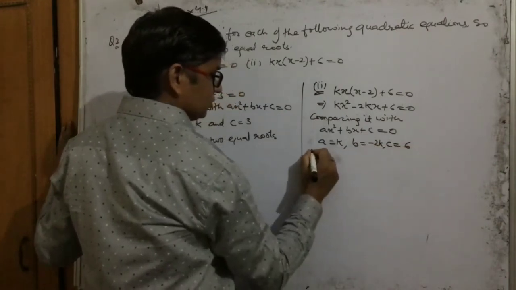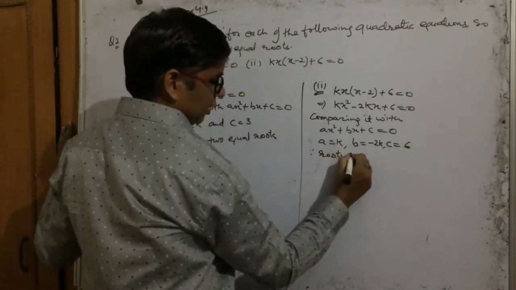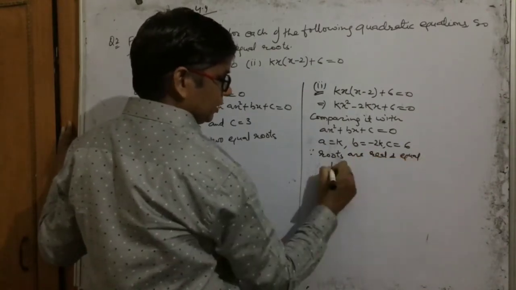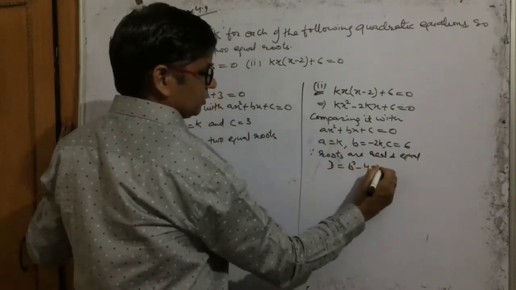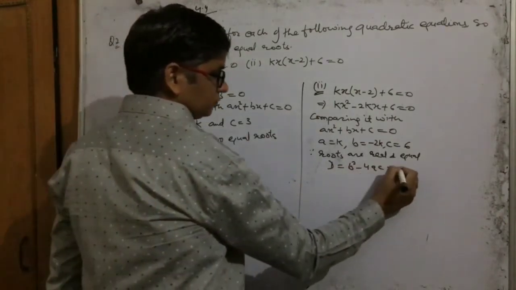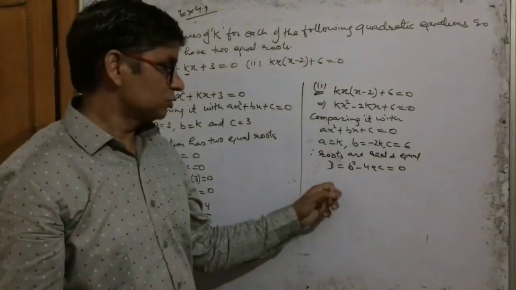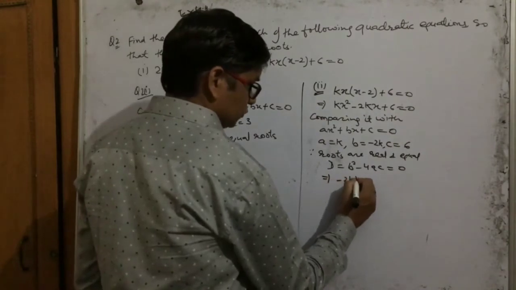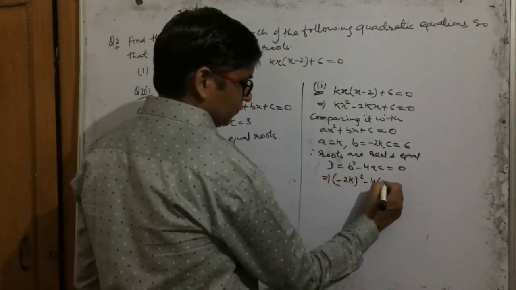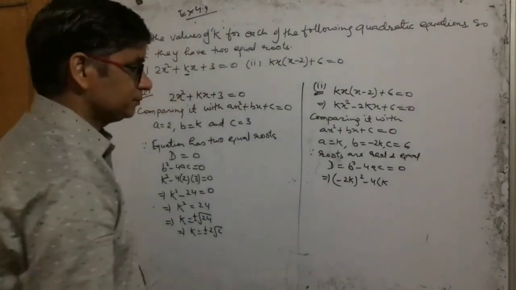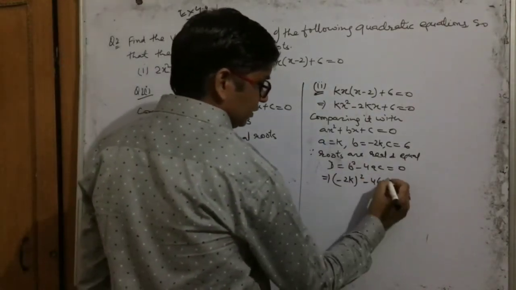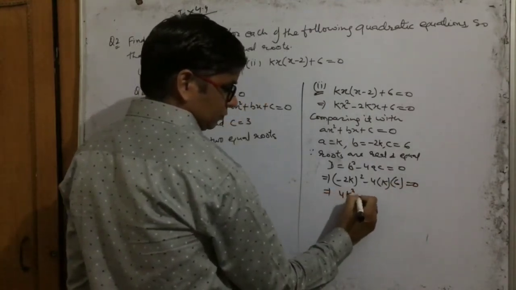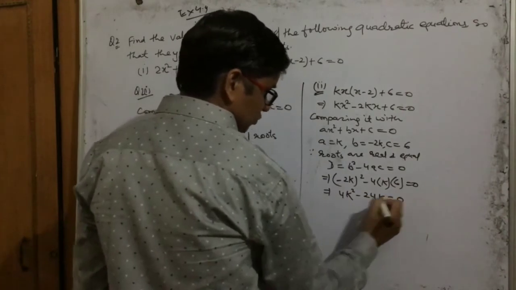Since the roots are real and equal, D equals b square minus 4ac should equal 0. So minus 2k whole square, minus 4 times a, where a is k, and c is 6, equals 0. 4k square minus 24k equals 0.